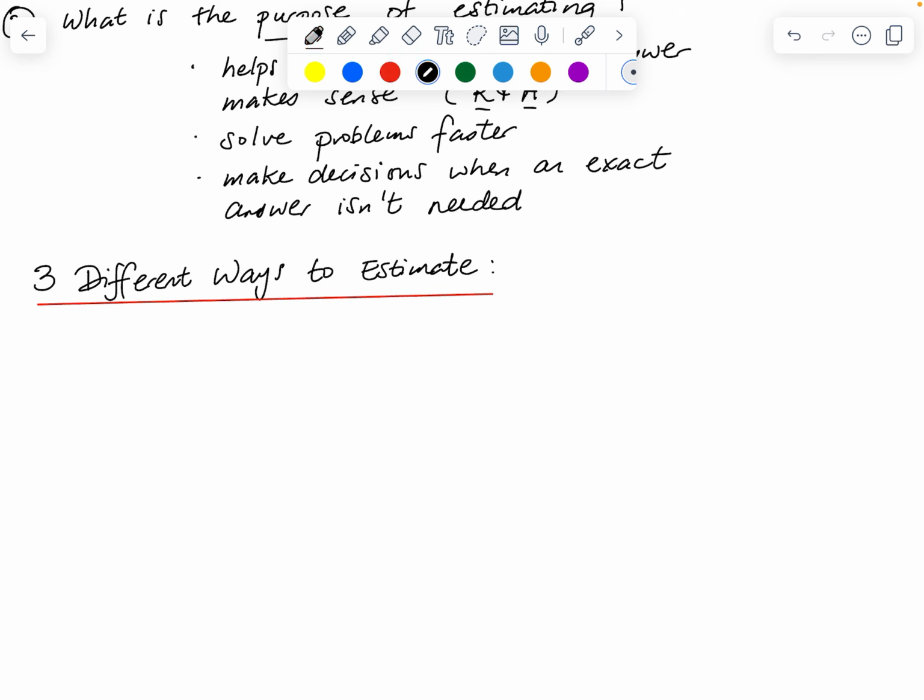Okay, so the first one is called using decimal benchmarks. Okay, so I'm just going to highlight this. So decimal benchmarks. So what does that mean? You actually know this first way probably the best, and that means that you are just following the rules of rounding.